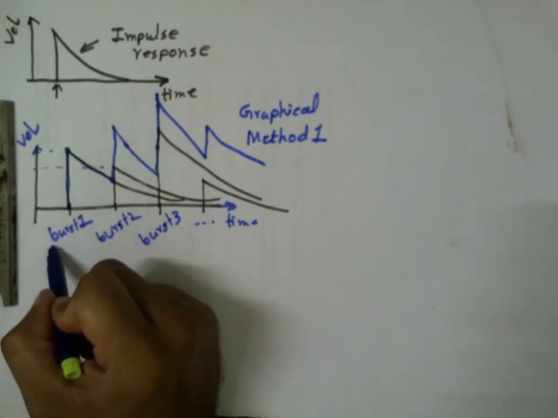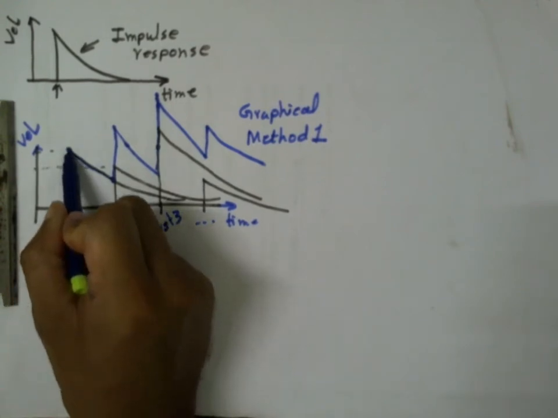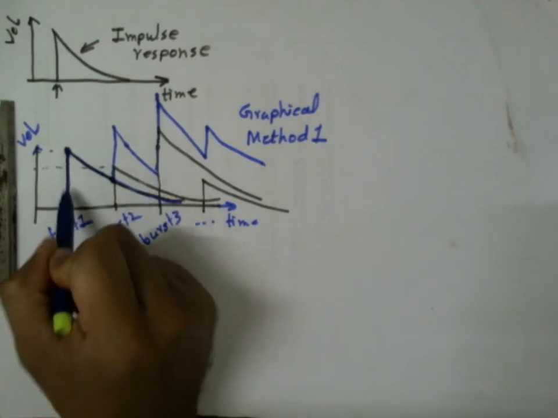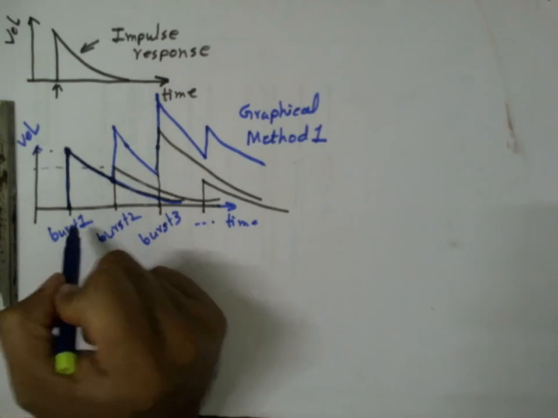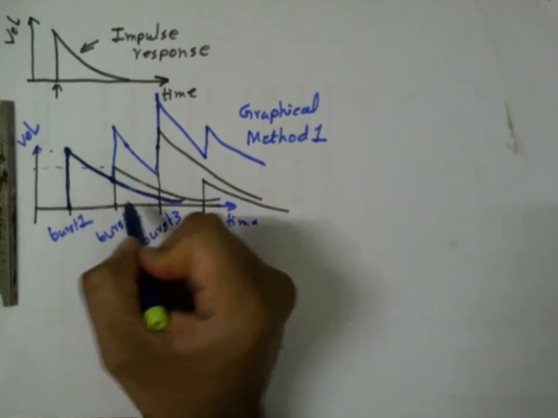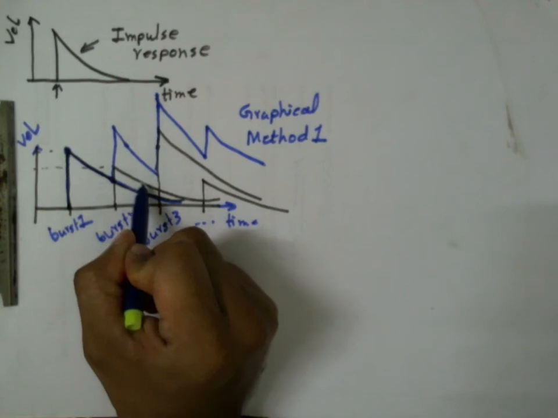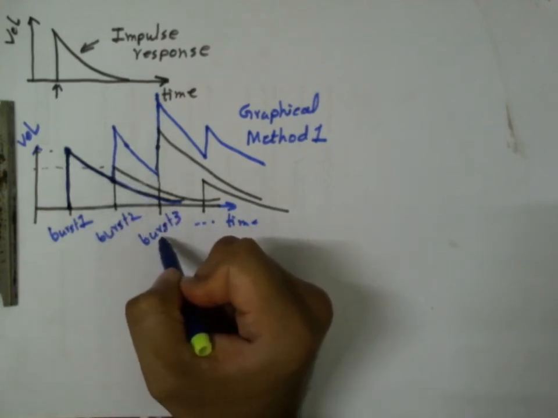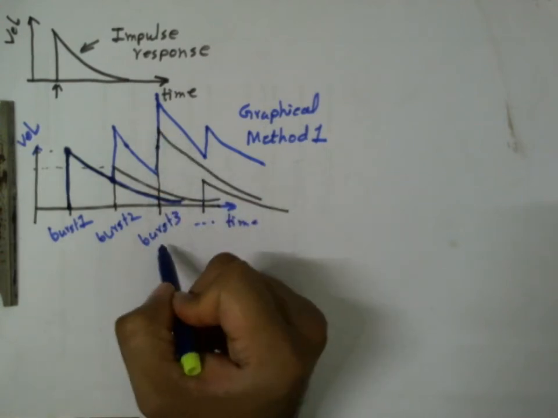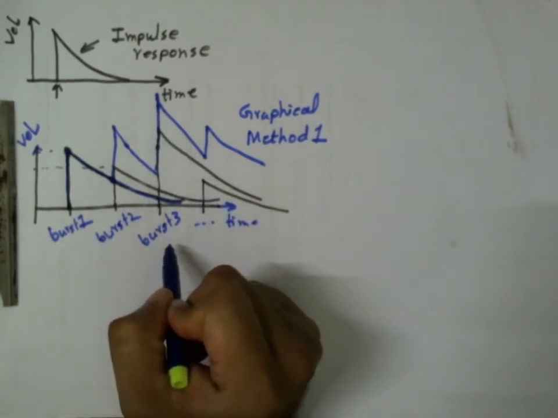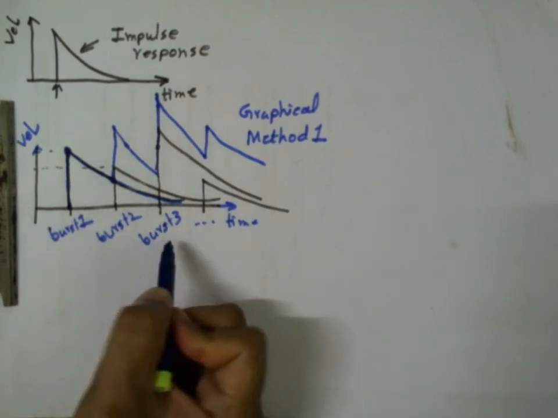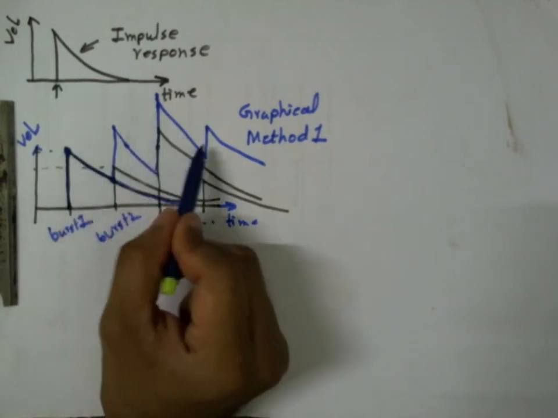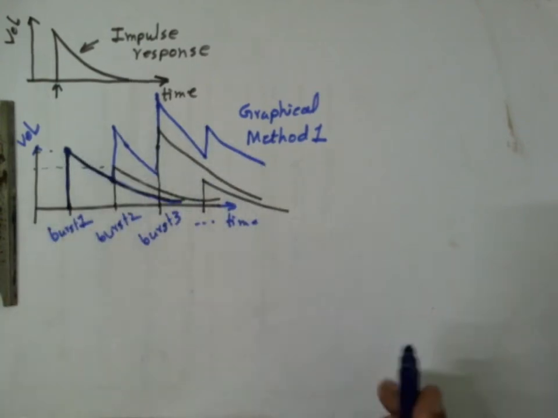So we considered first burst 1 and drew the velocity profile or impulse response generated by this burst 1. Then we considered burst 2 separately and drew the impulse response caused by burst 2 alone. Then we drew the impulse response caused by burst 3 alone. So we considered them individually, and then added up these individual impulse responses.